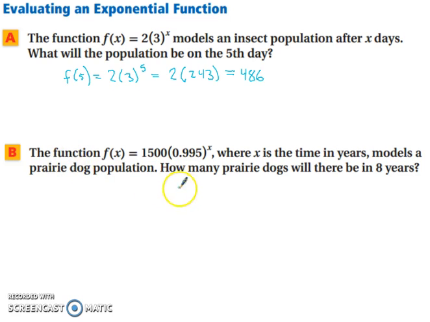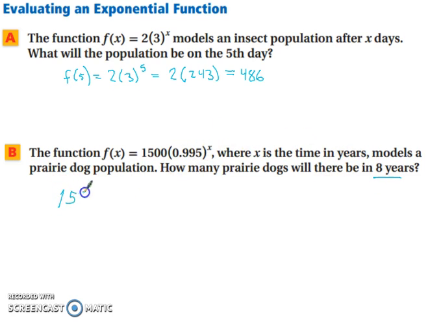So now let's look at this next one. The function f of x equals 1,500 times 0.995 to the x, where x is the time in years. This models a prairie dog population. How many prairie dogs will there be in 8 years? So we're going to substitute 8 in for our x value.